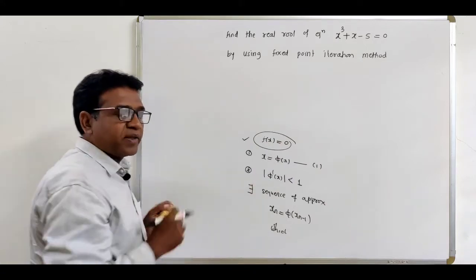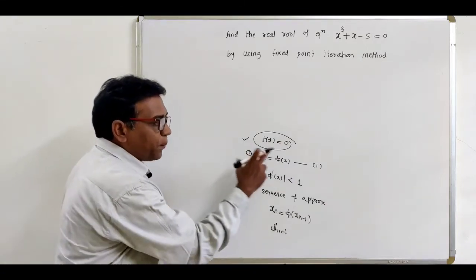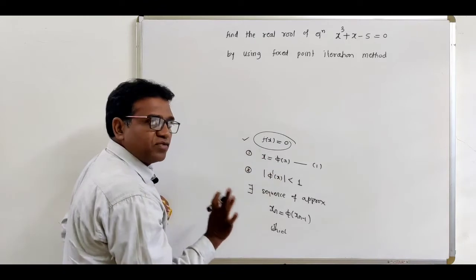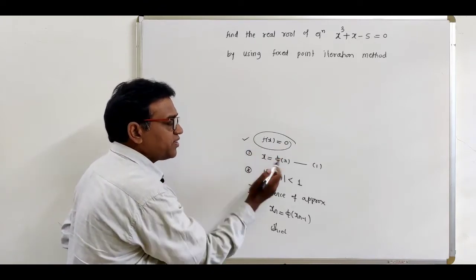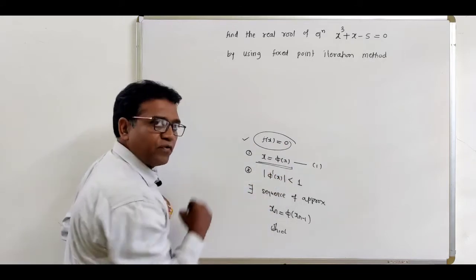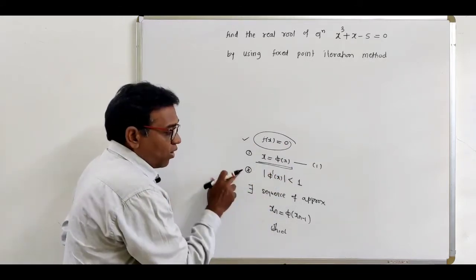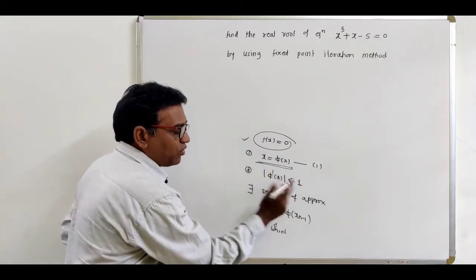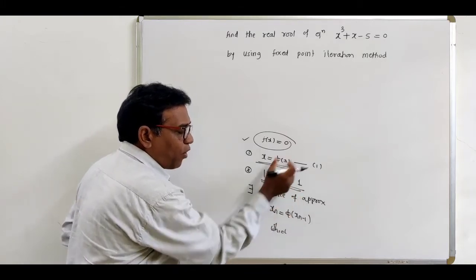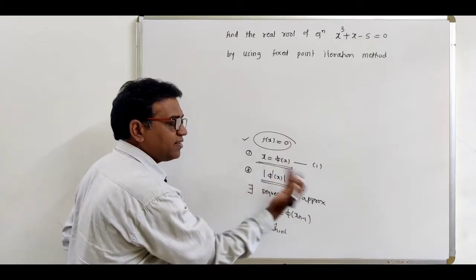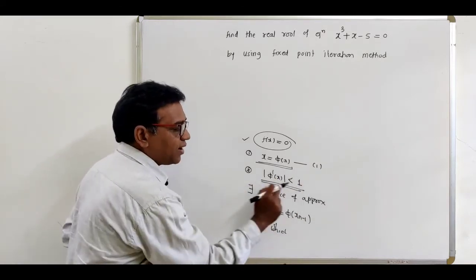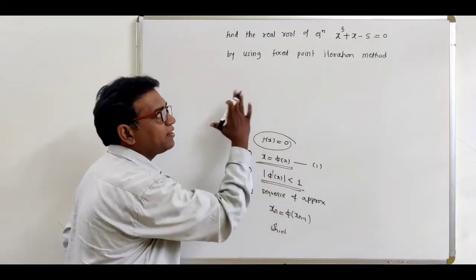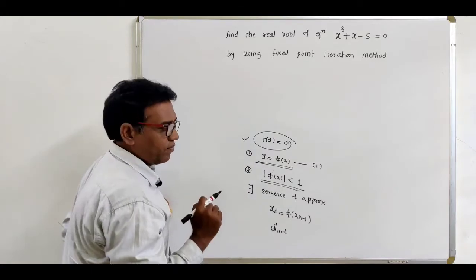Now see what is this working rule. If we have the equation f(x) = 0, then what is the first step? We have to convert this equation in this language, x = φ(x). What is the second step? We have to check this condition, the modulus of φ'(x), whether it is less than 1 or greater than 1. If it is less than 1, then we can apply this fixed point iteration method.